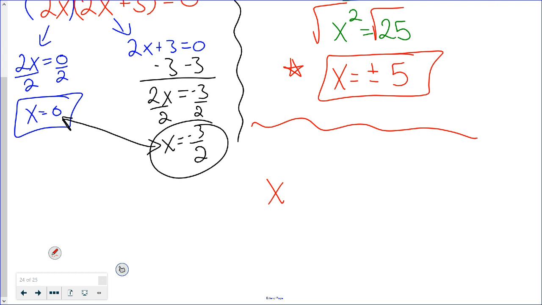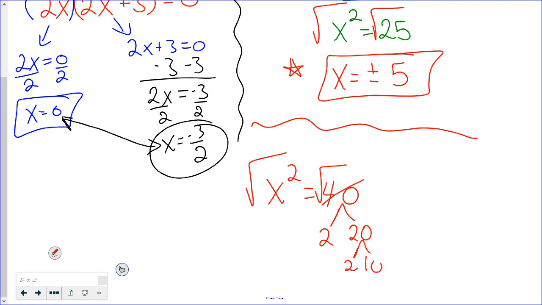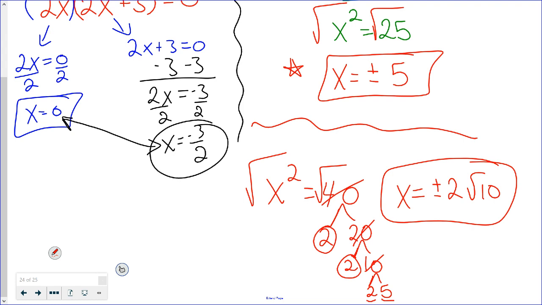But in a what-if situation, if you had x squared equals 40, after all that, when you take the square root, you need to break 40 down and say, well, this is 2 times 20, and 2 times 10, and 2 times 5, the leftovers being 2 and 5. So if it's a nice, perfect square root, just tell me plus or minus something like 5 or something like 7. And if it's not perfect, you might have to do some reducing, which we're going to do in the next problem as well.